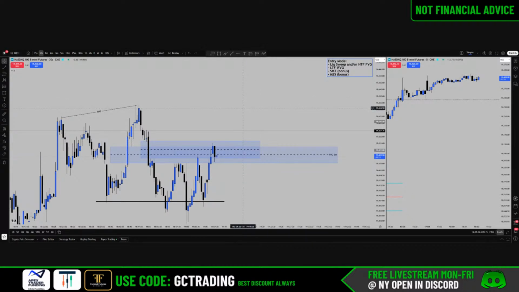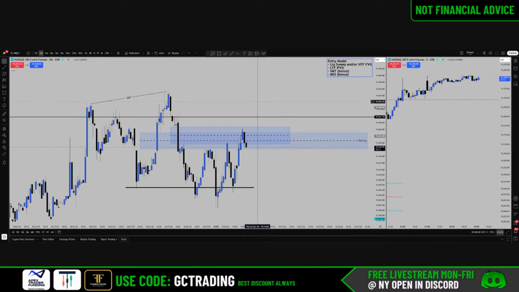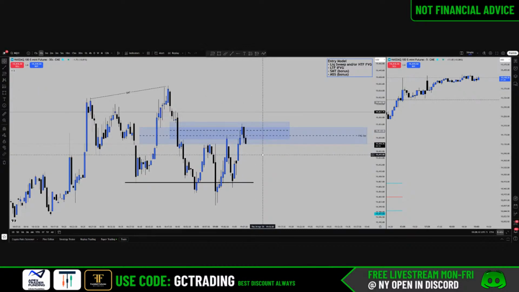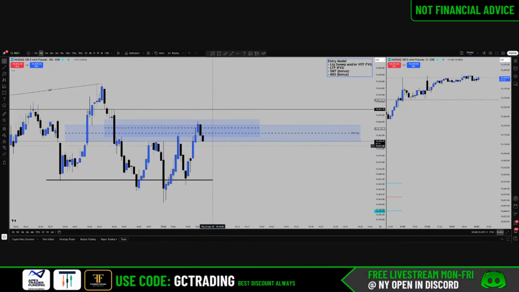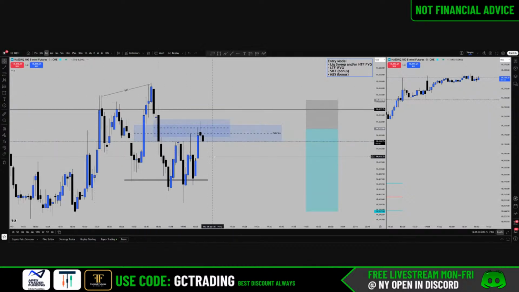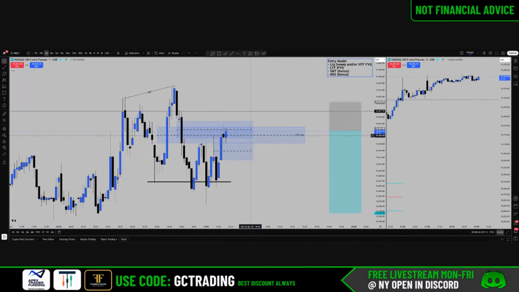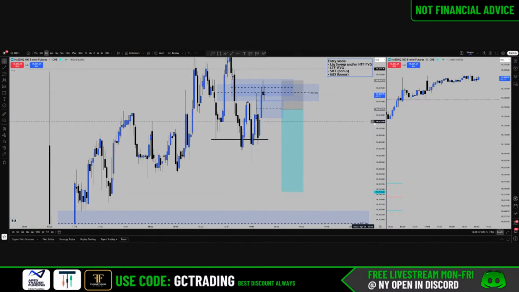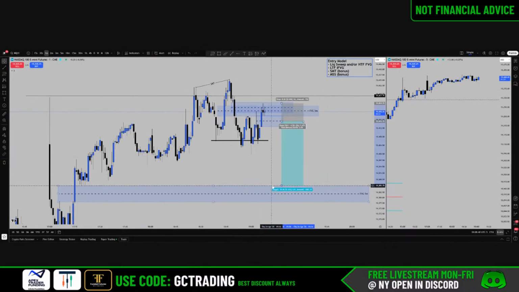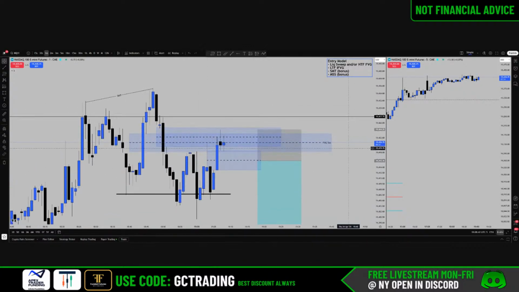Okay, nice, nice. Because of news. So we do have a fair value gap right here. If we invert this, we could look for that short. Something like this, maybe. We would need to see that inversion though. If price just continues, then it just continues.